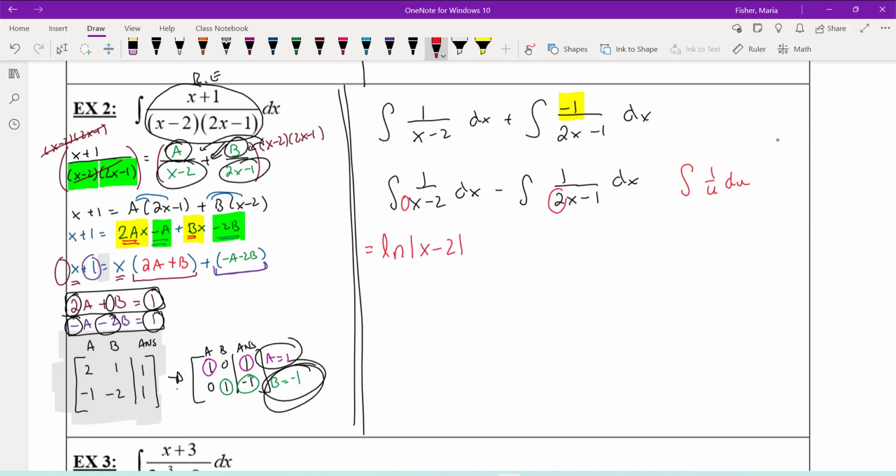But here the coefficient is 2, so I'm going to need to multiply it by the reciprocal of 2, which is a half, and that ends up being negative 1/2, the natural log of the absolute value of 2x minus 1 plus c. So using our shortcut, we were able to integrate quicker, and we ended up with this is equal to the natural log of the absolute value of x minus 2 minus 1/2 natural log of the absolute value of 2x minus 1 plus c.